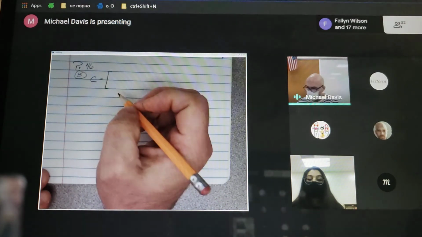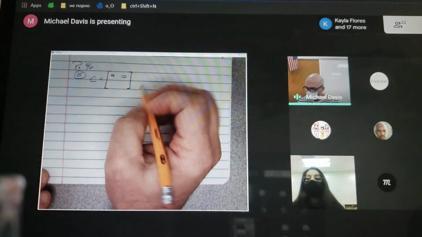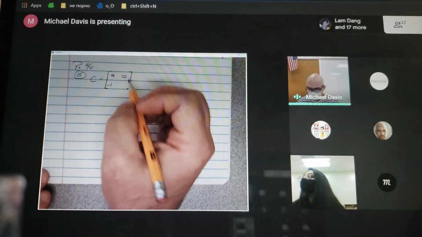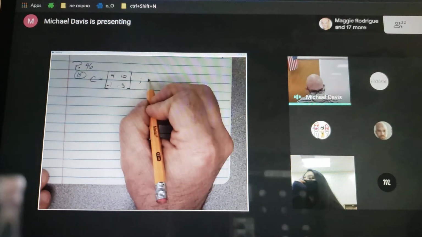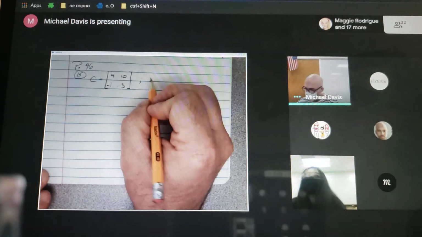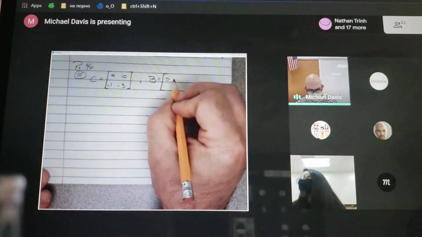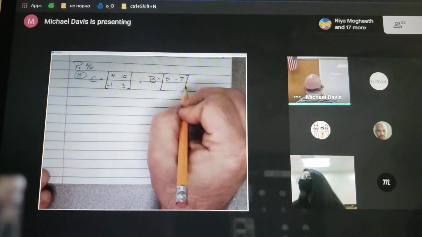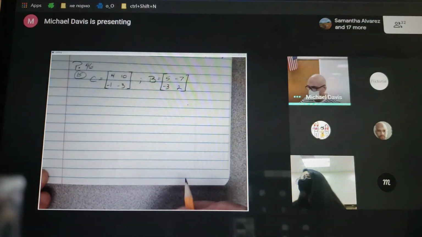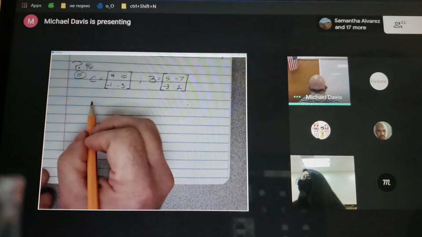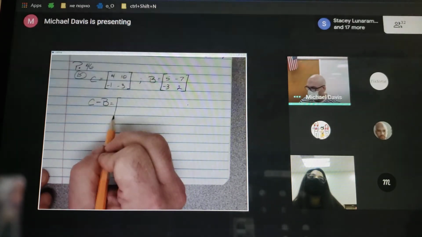So we were given C as a 2 by 2 matrix with entries 4 and 10 along row 1, entries -1 and -3 along row 2. And we were given matrix B also as a 2 by 2 with entries along row 1, 5 and -7, and entries -3 and 2 along row 2. And we were asked to find C minus B, the difference between those two.